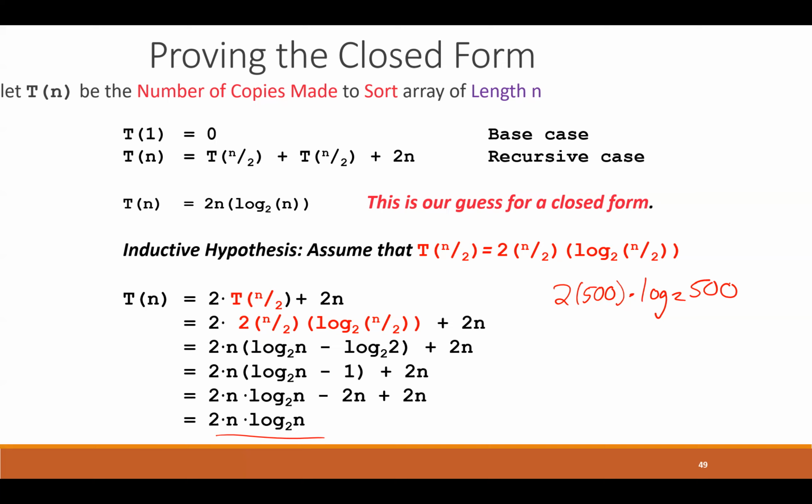So this would be 2 times 500, which is 1,000, times 9, about. So that's about 9,000 times I have to move the Scantron sheets across my desk.